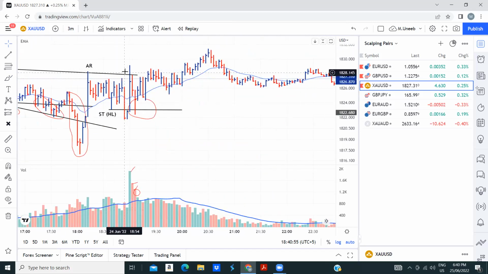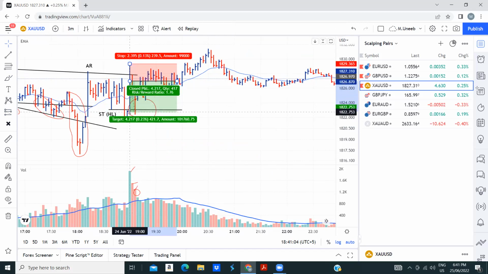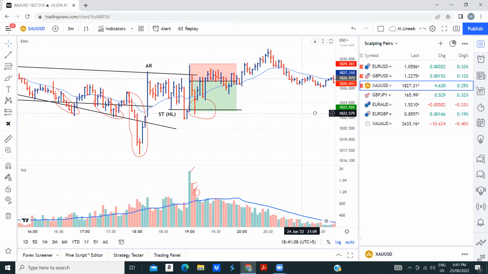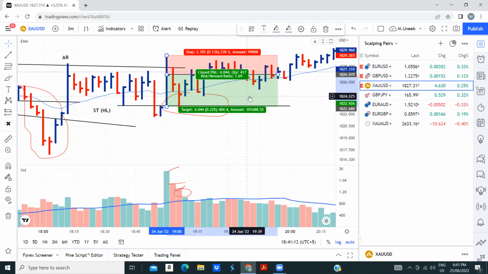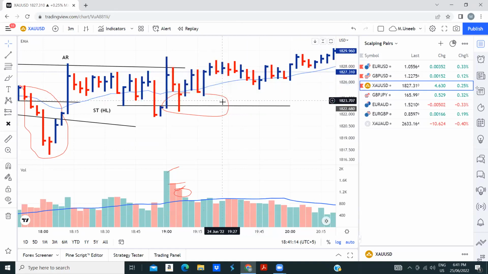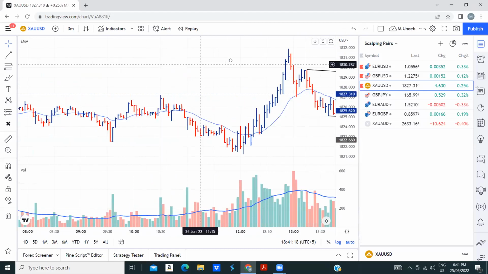So if we just go for this trade, like right over here, the thing is we extend it. We need to see if we have 1.61 R, so we cannot take this trade. Very low reward to risk ratio. Got it?